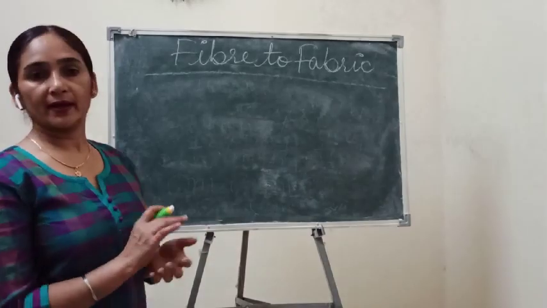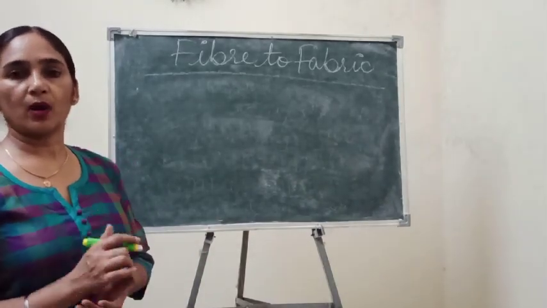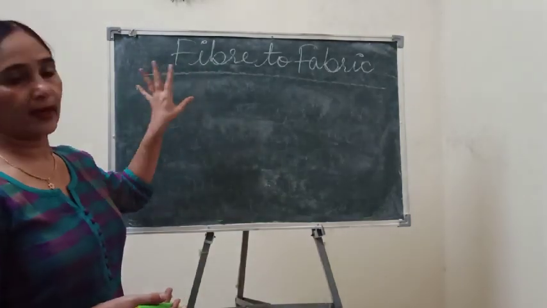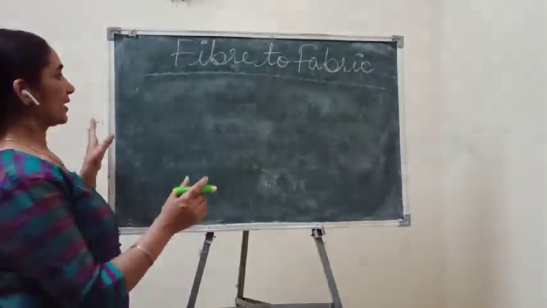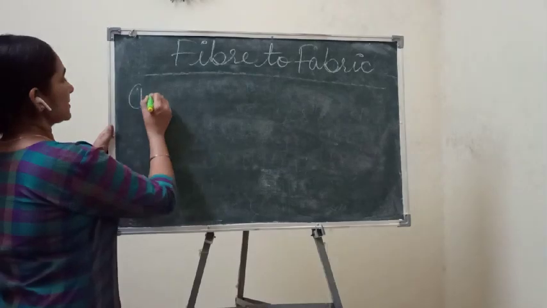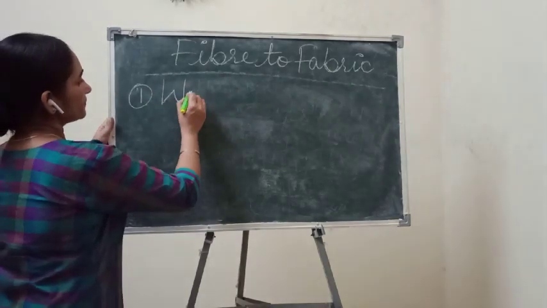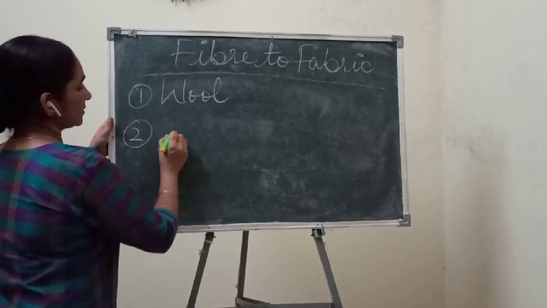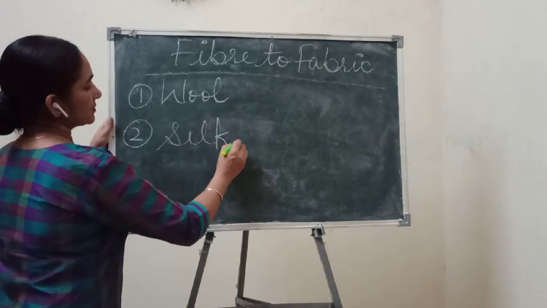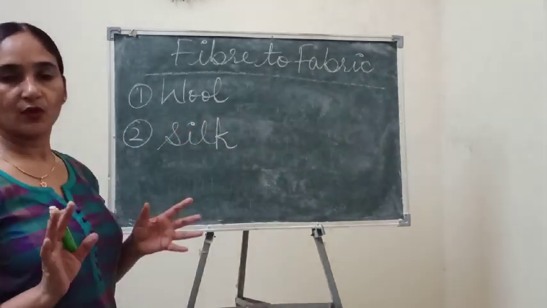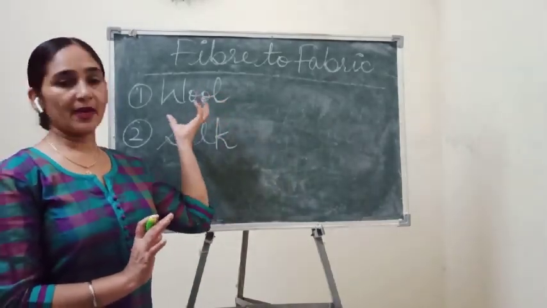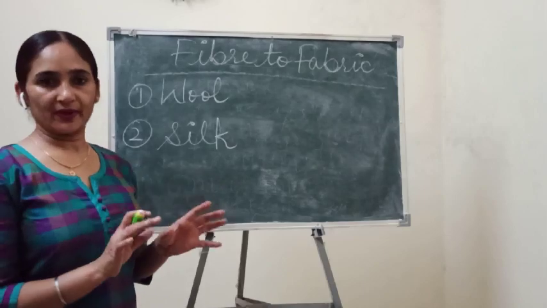And you have studied in this chapter about two main kinds of animal fibers. First is wool, and second is silk. You remember that you have studied this chapter in the month of April.